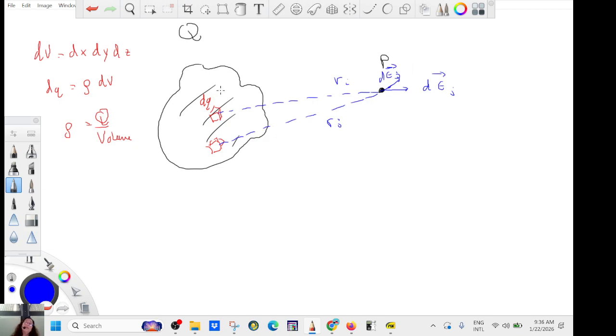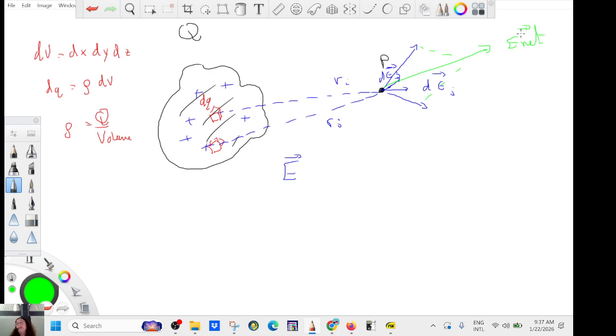Once you have done that, you need to add them up. Maybe it's positively charged inside. So you're going to have a lot of dE from every single little volume dq. So add them up, using the parallelogram rule, and then you're going to have E net.